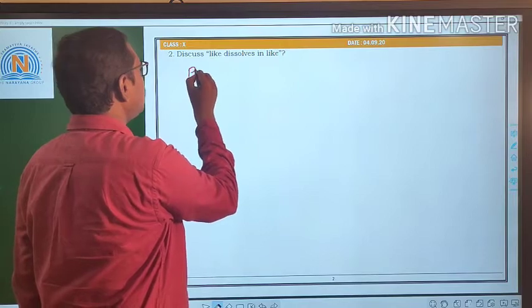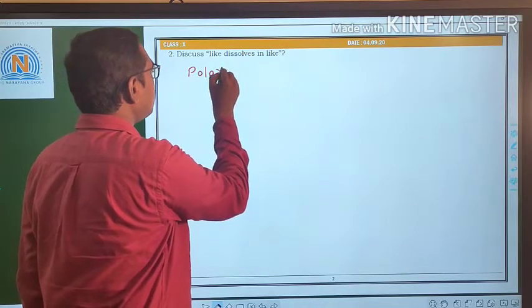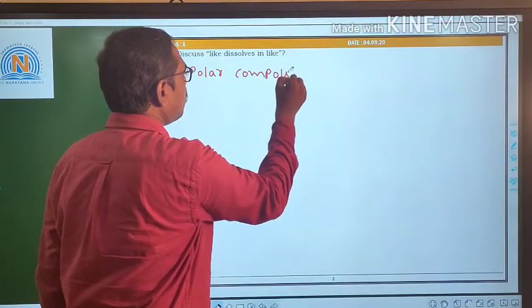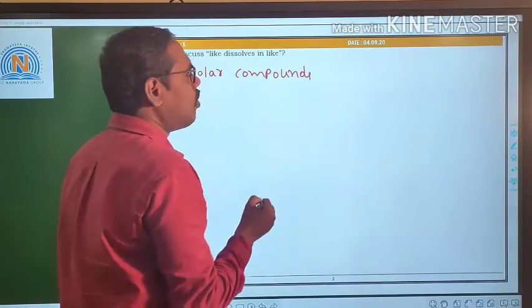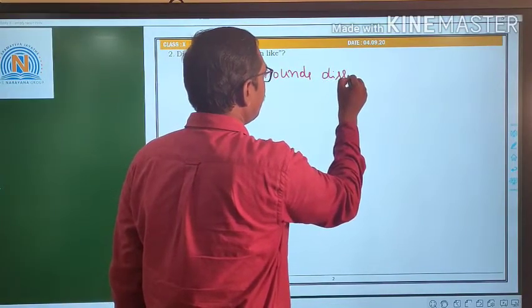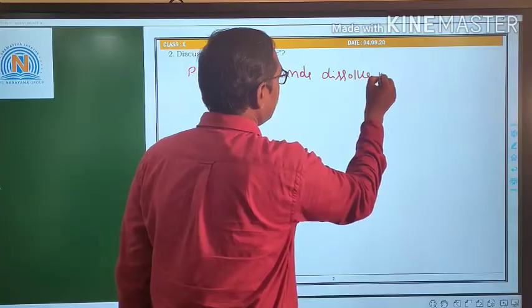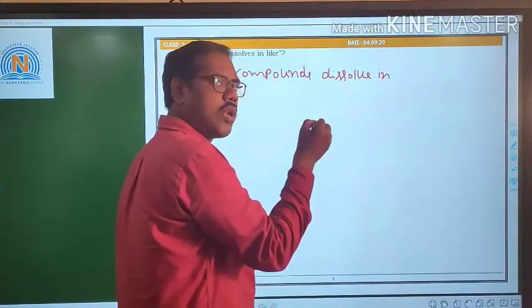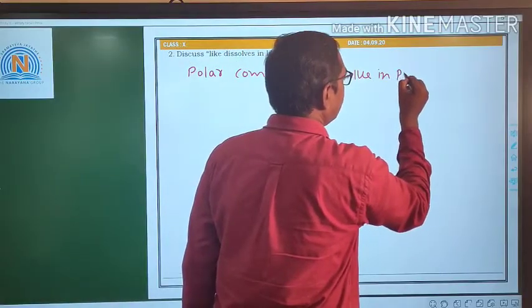So here, like dissolves like means polar compounds dissolve in polar solvents.